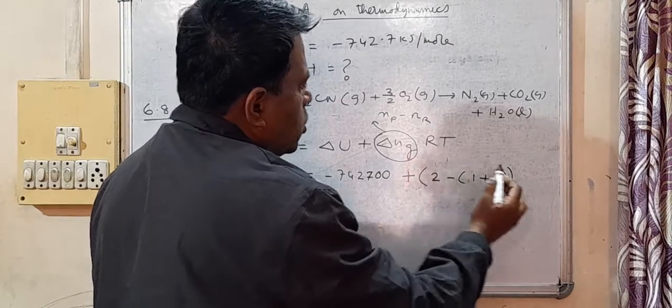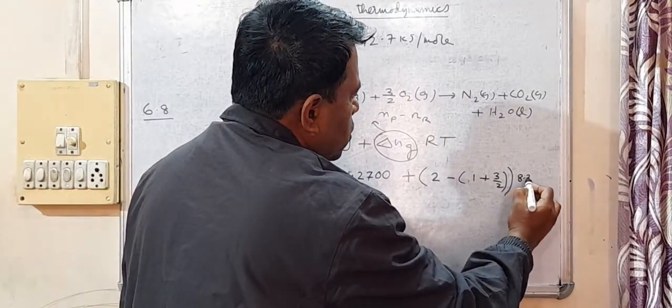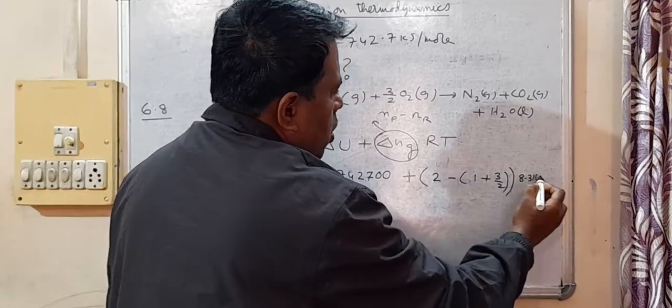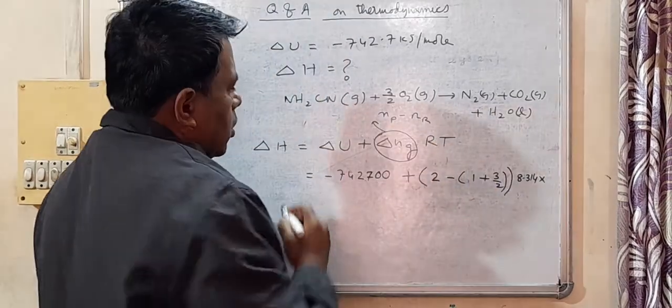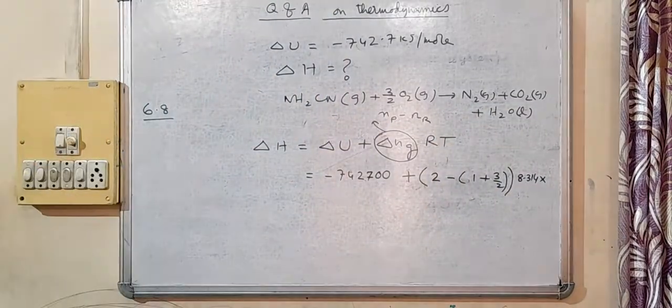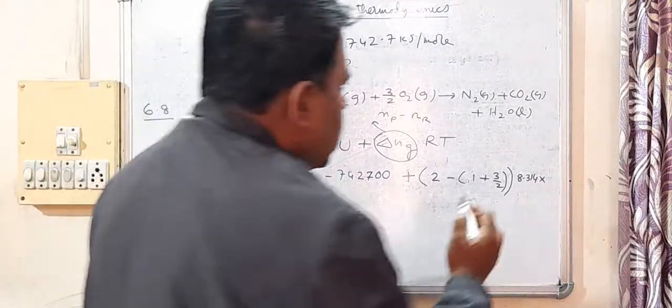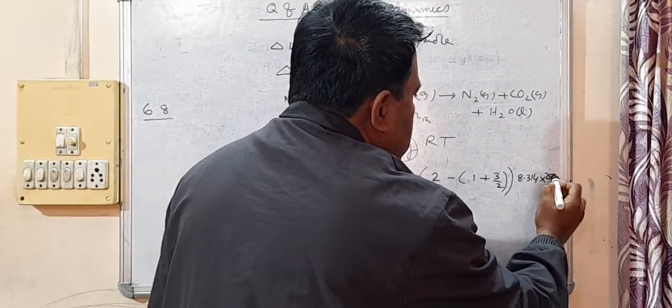And R, the value of R in joules is 8.314, and the process is happening at temperature of 298 Kelvin, so into 298.